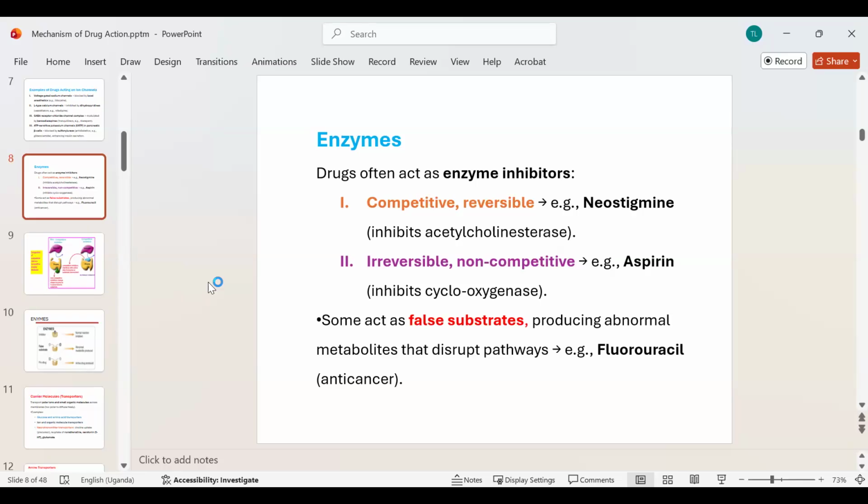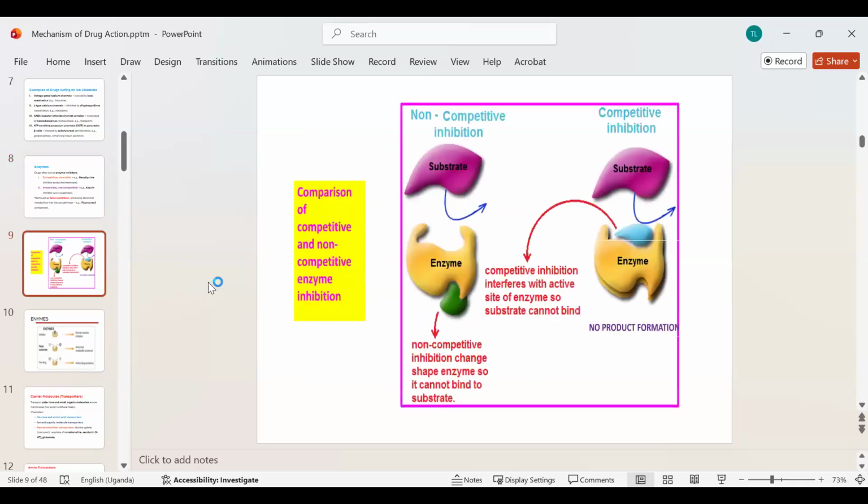There are drugs that tend to inhibit cyclooxygenase. You've seen the cyclooxygenase inhibitors are usually irreversible and non-competitive, yet acetylcholinesterase inhibitors tend to be competitive. So enzymes can also be used.